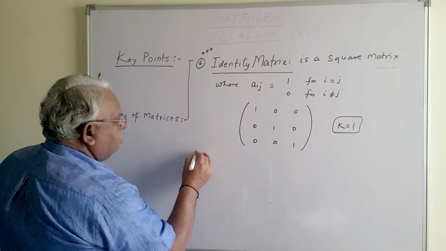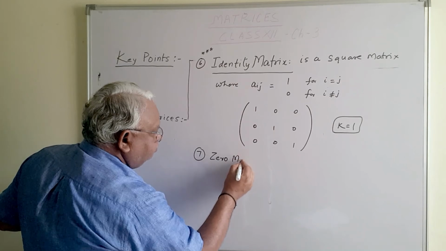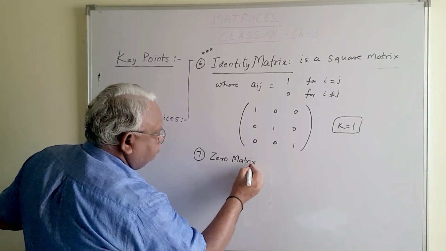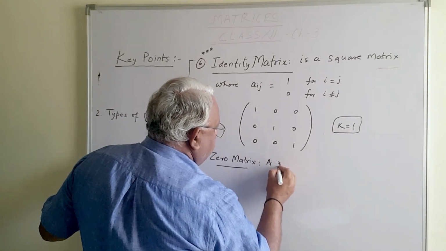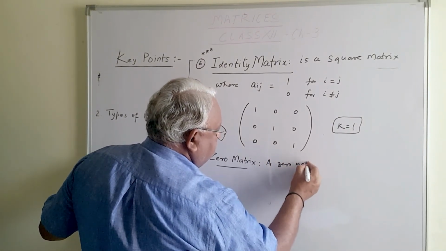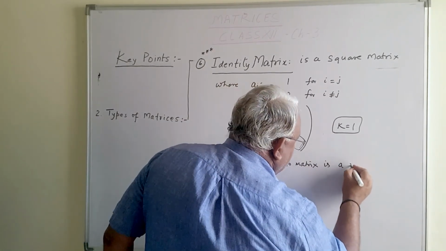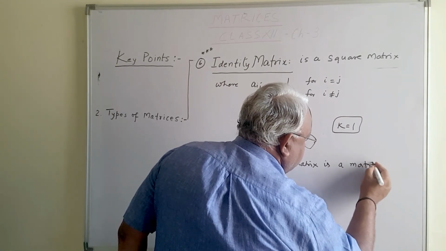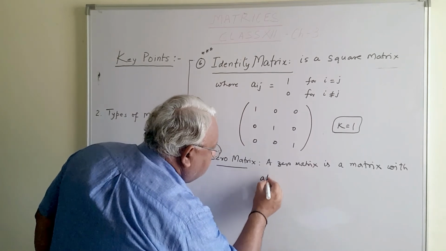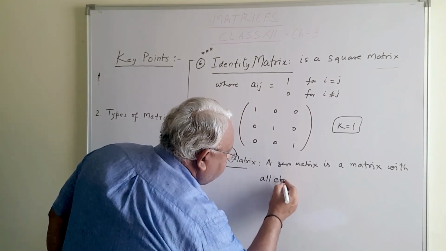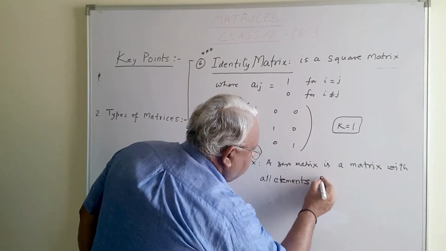Last is 0 matrix. A 0 matrix is a matrix with all elements 0.